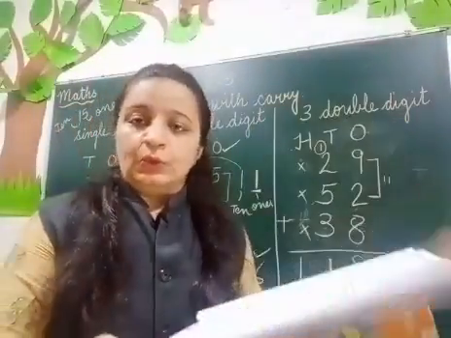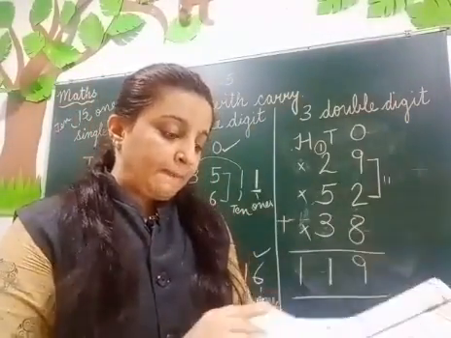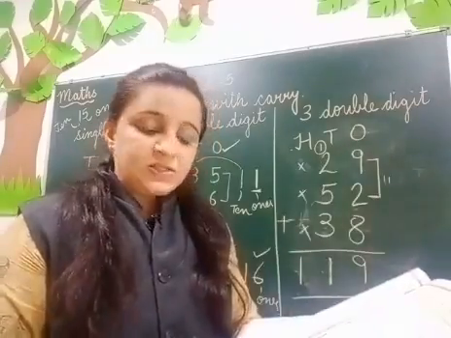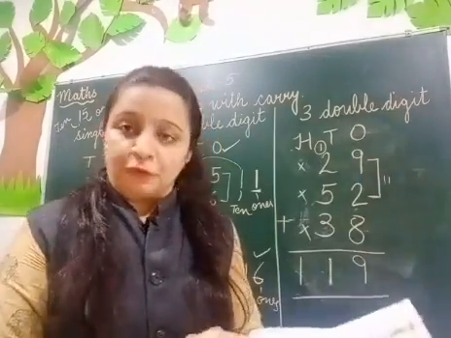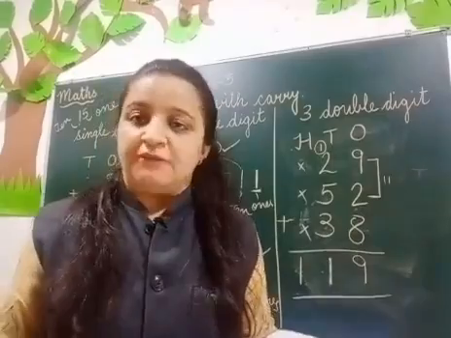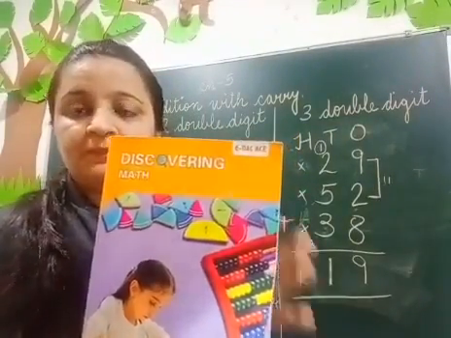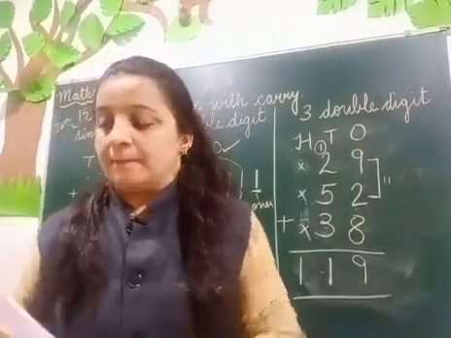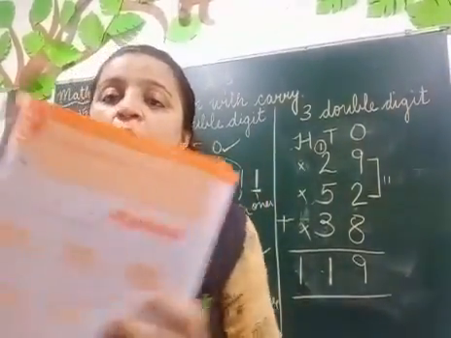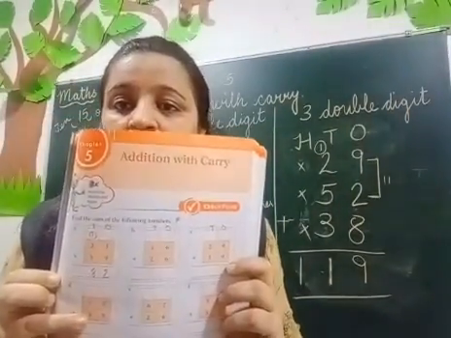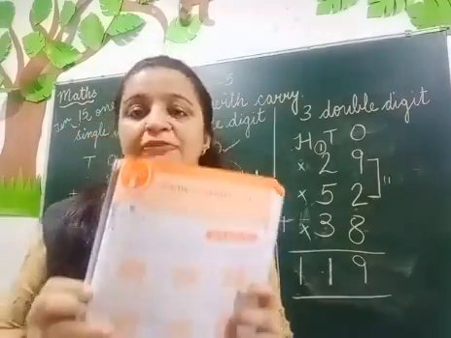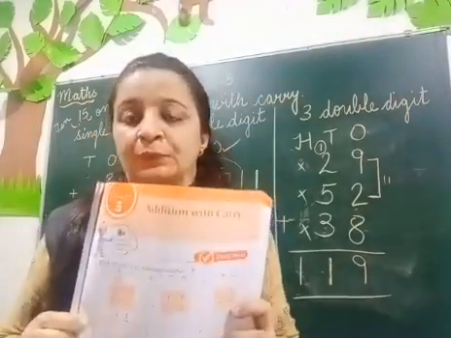Practice Zone 2, Practice Zone 3, Practice Zone 4, 1, 2, 3, 4 in Discovering Maths book. And question number 1 of my observation book. Carry sums you have to practice.